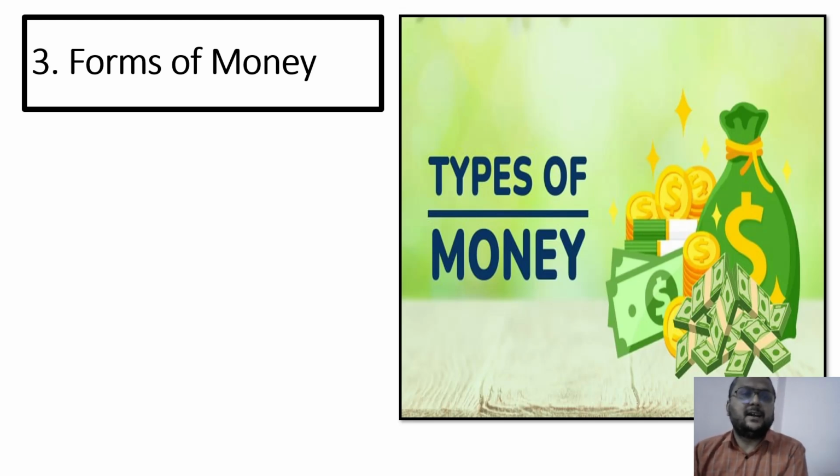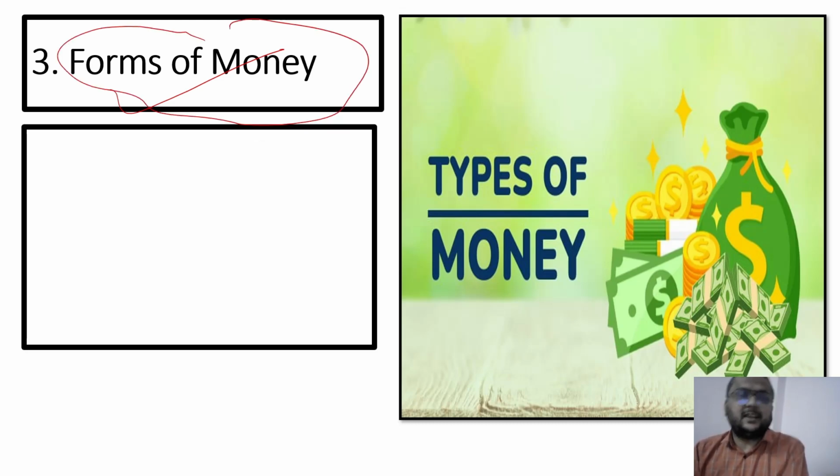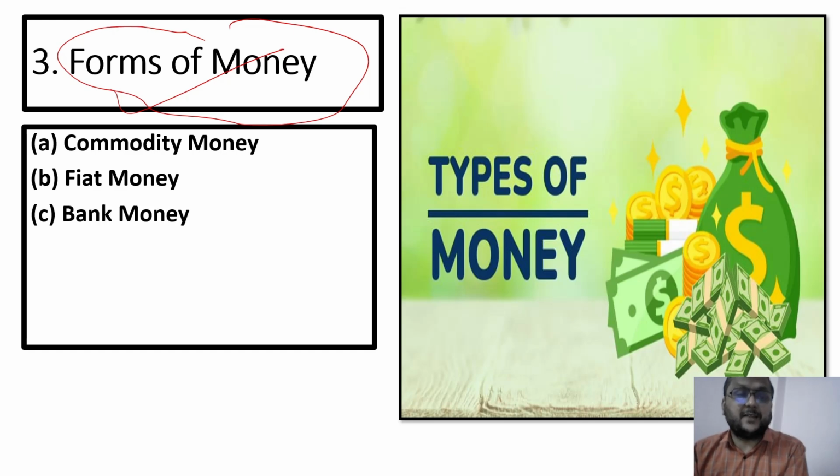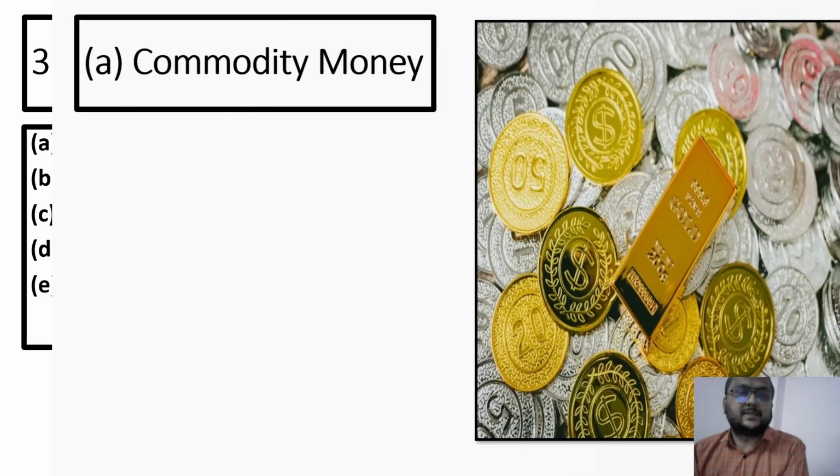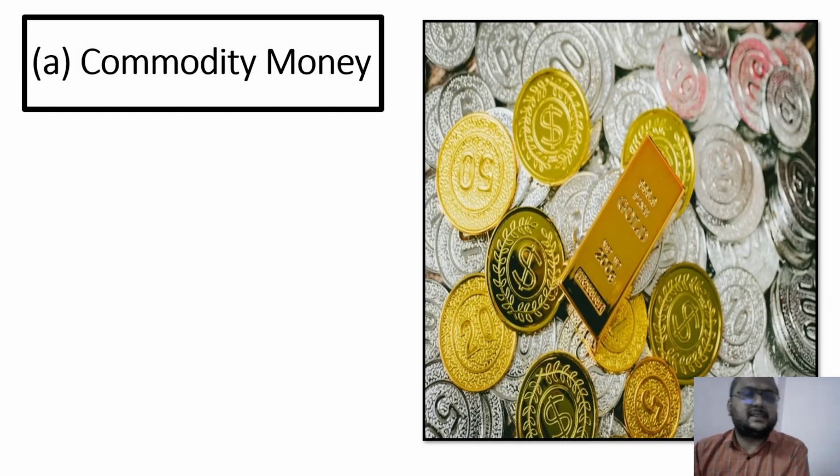Now let's look at another dimension, which is forms of money, meaning types of money. There are many types of money. We will see some of them: commodity money, fiat money, bank money, electronic money, and new age money, that is cryptocurrency. Let's look at these types one by one.